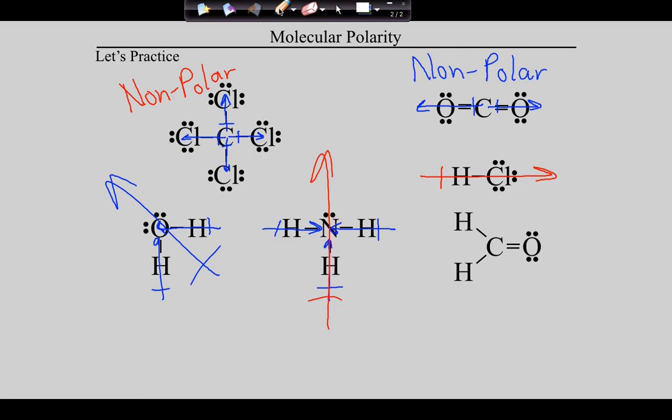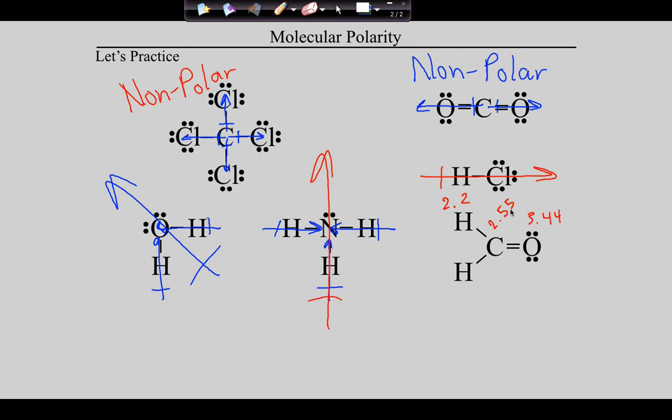So guys, we need all of their electronegativities. Hydrogen, and I'm even going to write them down. Hydrogen is 2.2. Oxygen, I remember, is 3.44. What's carbon? 2.55. So guys, now we need to take these individually. So let's look at the bond between carbon and oxygen.